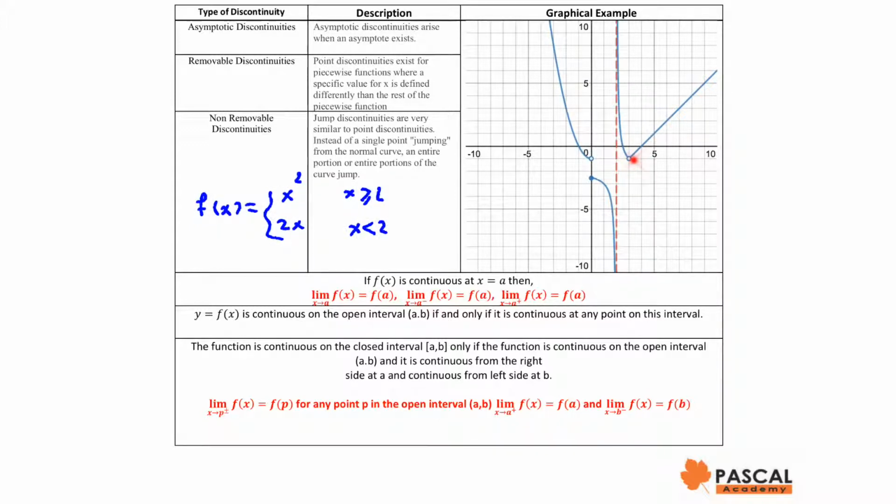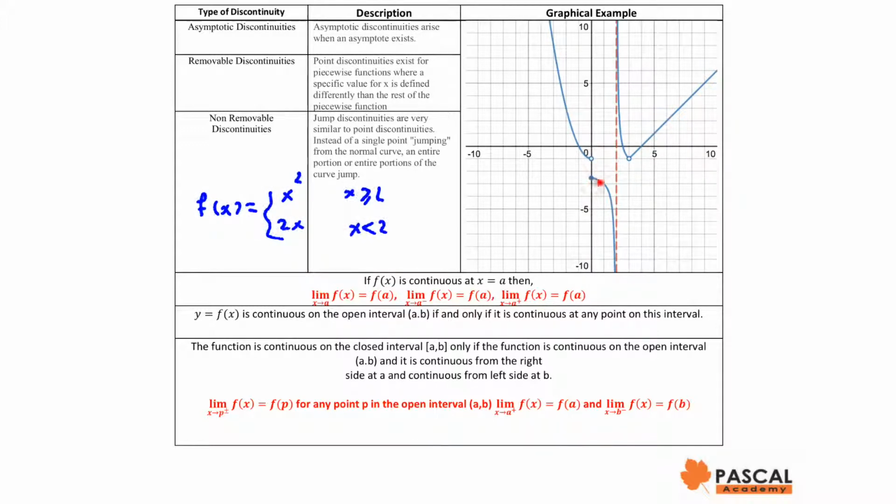In this case, the function is discontinuous, and it's called removable discontinuity, since we can define the function by assuming f of a equals the limit and make it continuous.